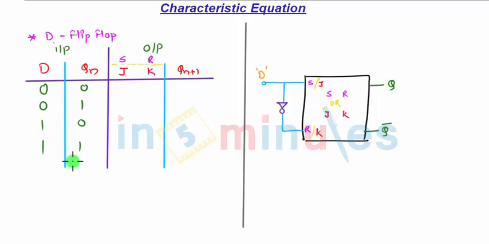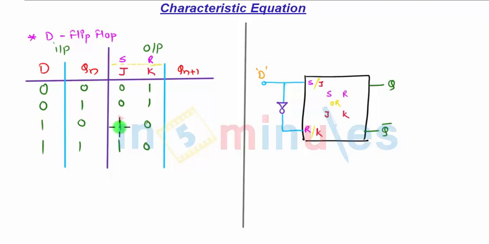So we have four combinations, and as I have drawn in this small rough circuit diagram of SR or JK converted to a D flip-flop, we easily know that the S or J pin is directly shorted to D, whereas R and K are the complement of the input. So the combinations I get are: when D is equal to 0, S or J is 0, and K or R will be inverted, so 1. If D is 1, J or S will be 1, and K or R will again be inverted, that is 0, in the last two cases.